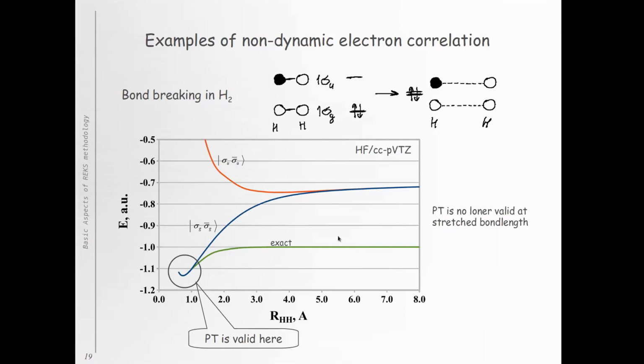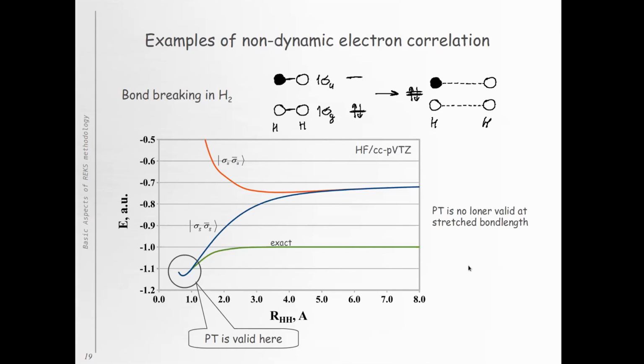But both energies go to a very wrong dissociation limit. Although within a narrow range of geometries around the ground state perturbation theory is still valid, it becomes no longer valid in the dissociation limit. And why is that?